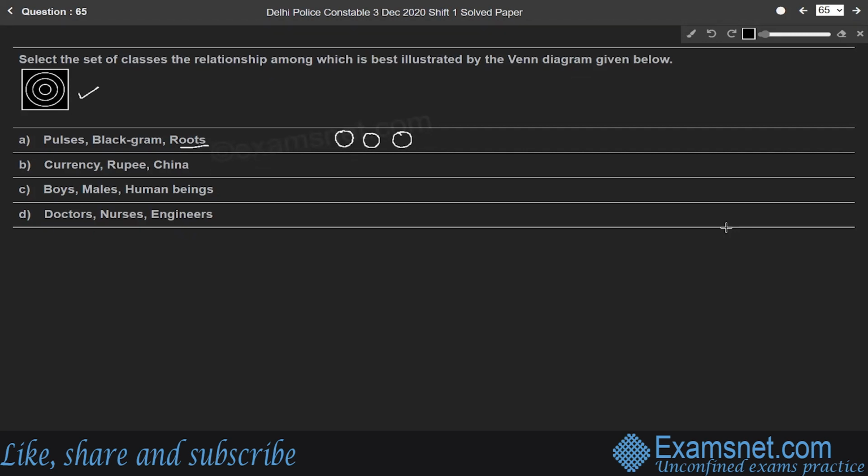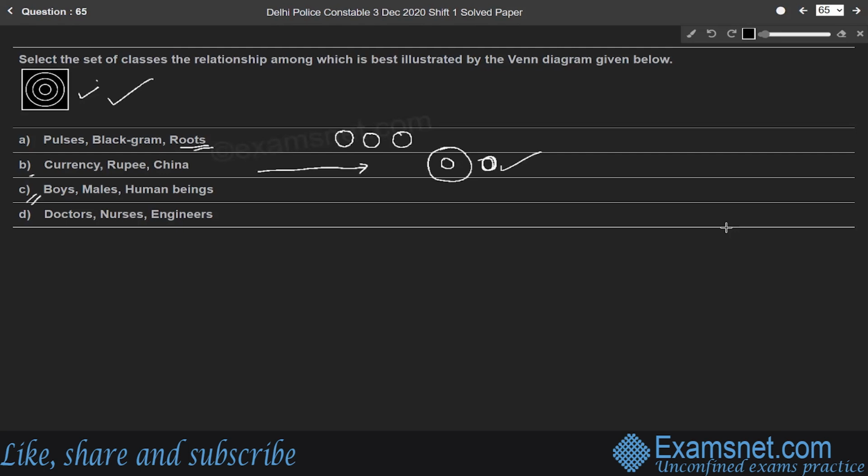Therefore, this set doesn't represent the given Venn diagram. Look at option B, currency, rupee and China. Here rupee is included in the set of currency, and China is not included. Therefore, set B doesn't represent the given Venn diagram.